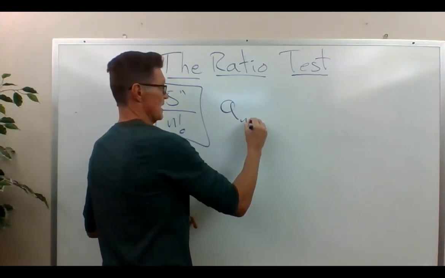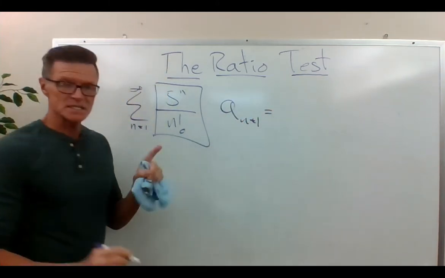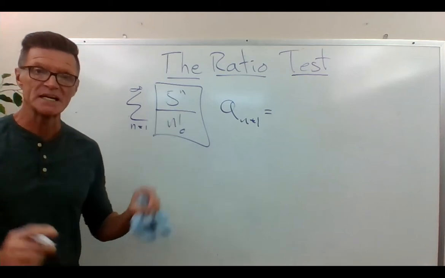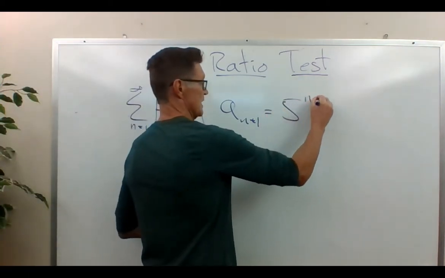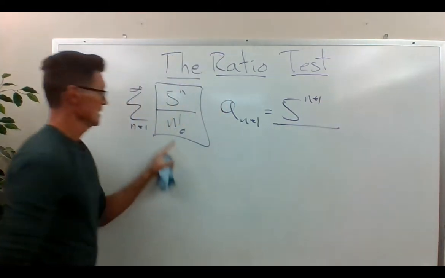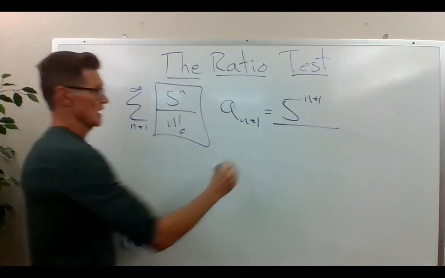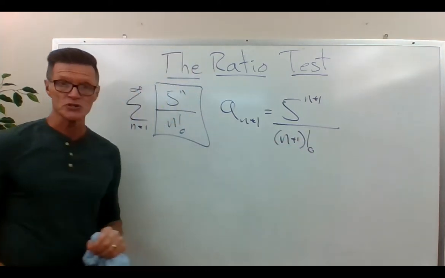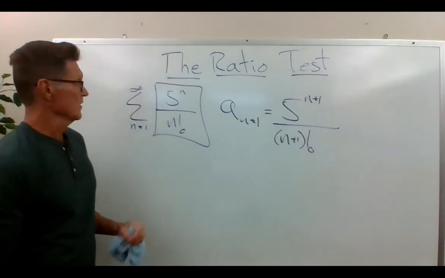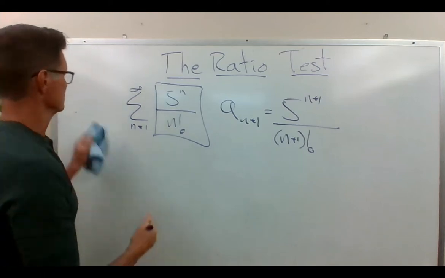So for a sub n plus 1, I simply go to every value of n and add 1 to it. So I will have 5 to the n plus 1 over n plus 1 factorial.